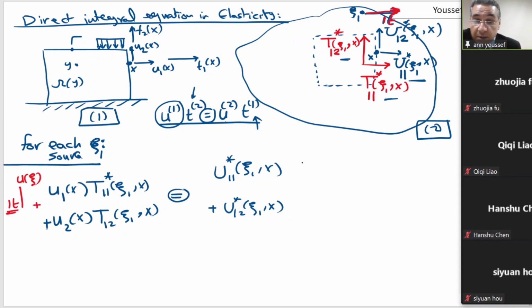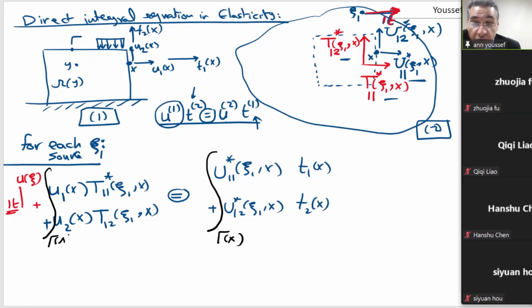So here I have to multiply by T1 of point x and I have to multiply by T2 at point x in general case. Okay? So this is Betti's reciprocal theorem. But this is only for one boundary point x. So what I need here, in this area, I need to integrate on all boundary points of x. The same here, I need to integrate on all boundary points of x.